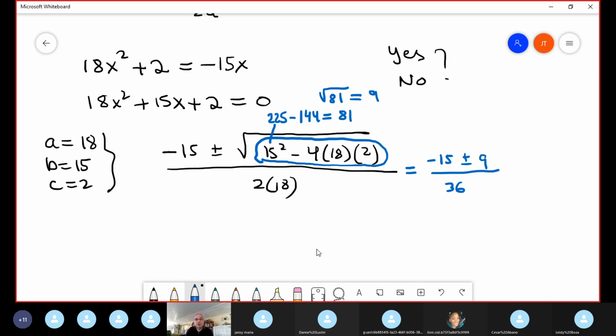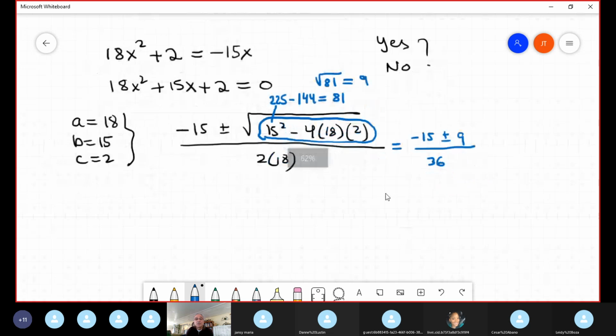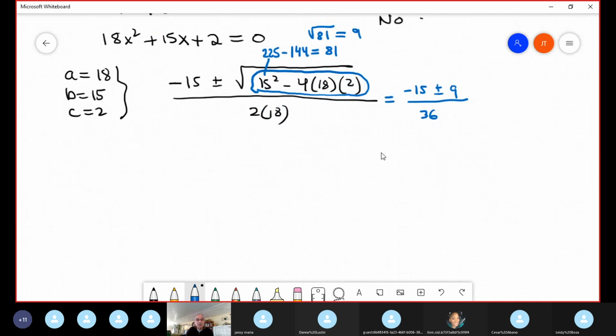We get 36 from the multiplication 18 times 2. Entonces, at this moment, I don't know why, but I like so much to separate this expression in two pieces. The first piece is minus 15 plus 9 over 36. And the second piece is minus 15 minus 9 over 36. Because we have two solutions, no?